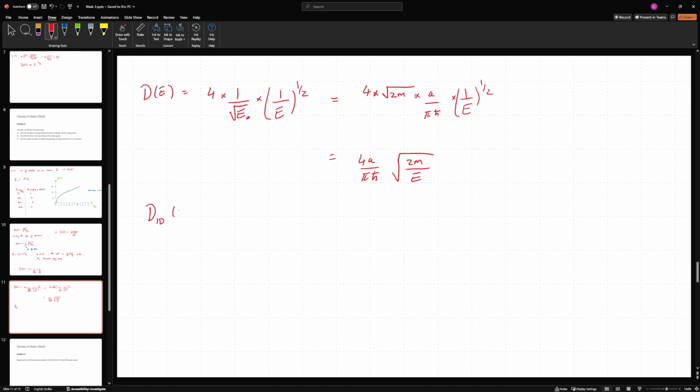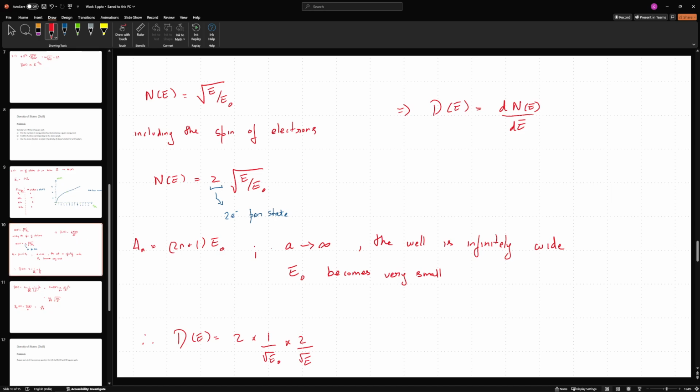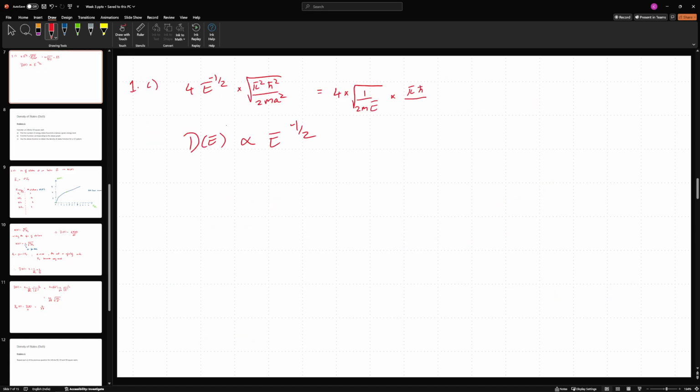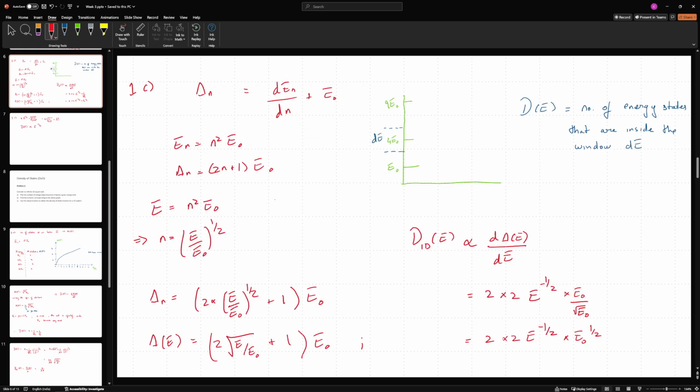So d1d of E is actually d of E by A. So that is going to be 4 by h bar. I've written everything correctly here. Let me just check for the constants. Oh God, yeah, I made one mistake. This is not 2 here, this is 1 by 2. And I think that was the mistake I made here also. It should be 1 by 2.